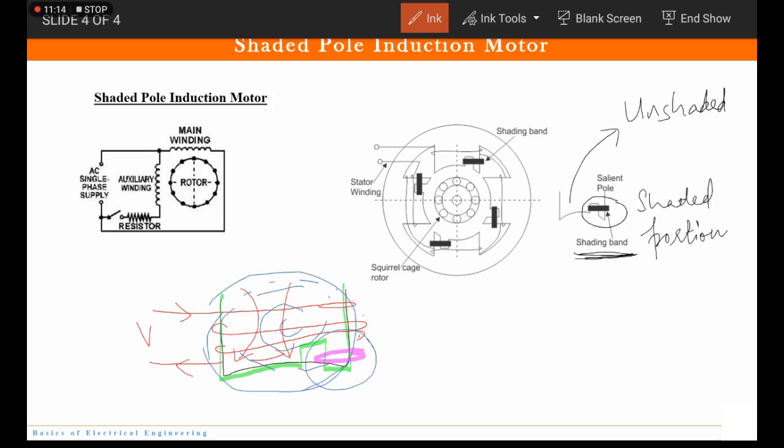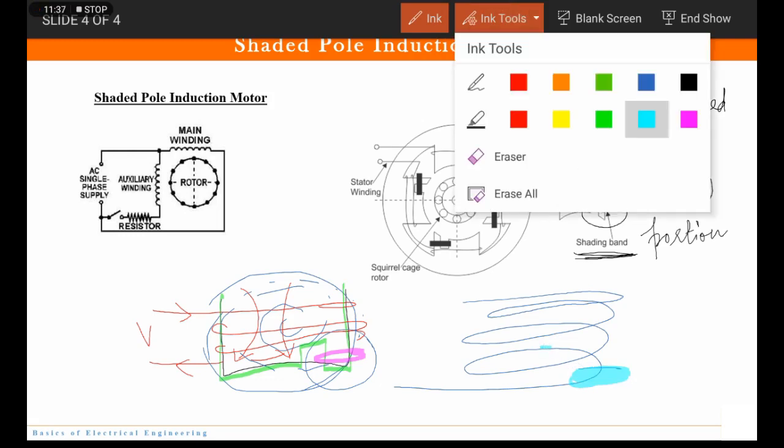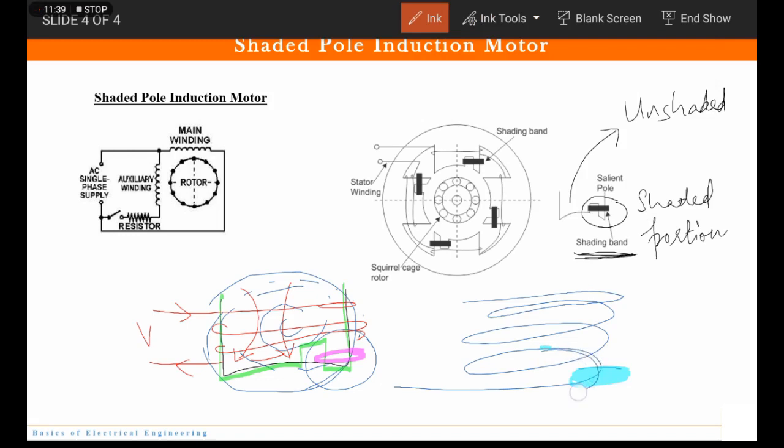Or, in other words, I can say that you have the windings here and current is flowing, and in between you have this shading band or shading coil here, right? So this flux is cutting it, correct?